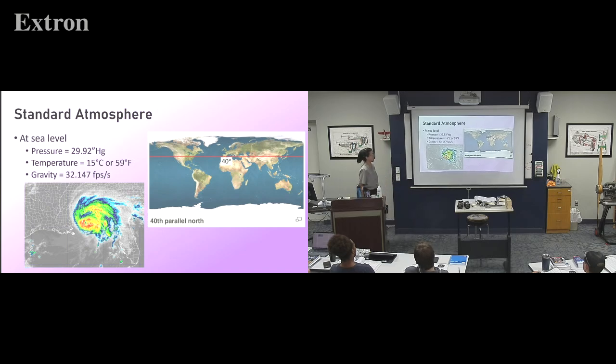So if you are here at sea level with pressure 29.92, 15 degrees Celsius, gravity 32.147 feet per second squared, then you're experiencing standard conditions. How often do you think that actually happens? 0.0000%. So we've got stuff like hurricanes coming through.